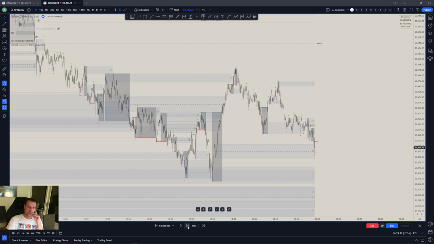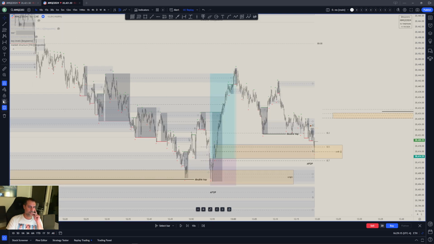We wait for arriving at this SNDR. Right, so we did the first tap into the zone. Then we moved out. We couldn't go above here, so it's not a true SBS setup, but we reached the SNDR.